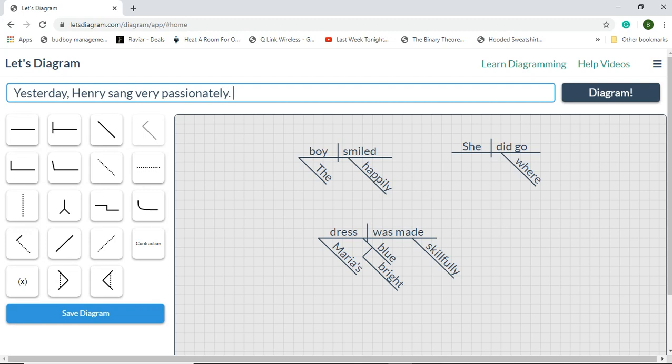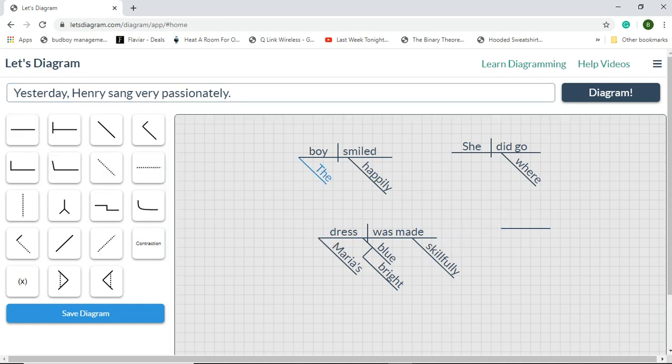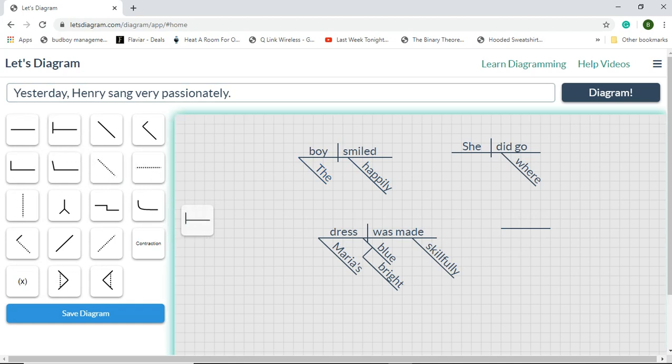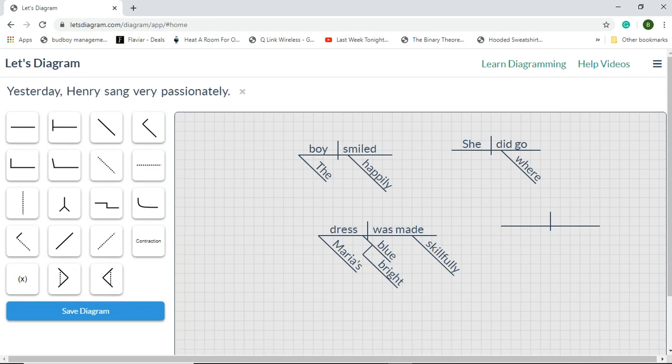Yesterday, Henry sang very passionately. Ooh, so let's make our cross. Okay. And let's begin our diagram.